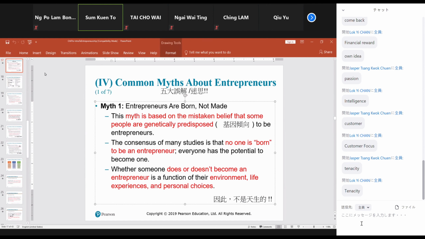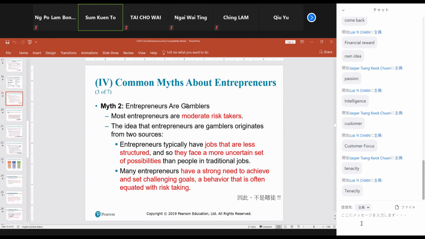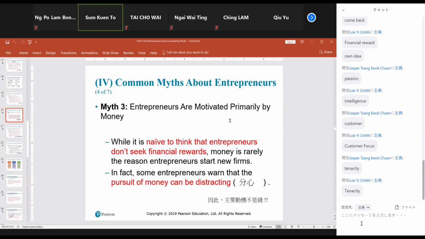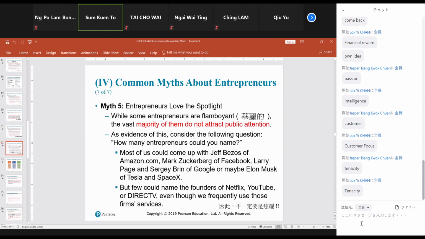Second one, are they G, gamblers? Are they motivated by another M, money? GM Sam, 2M. And also, are they E, energetic? Or do they love S, spotlight? So this is what we have covered last time.